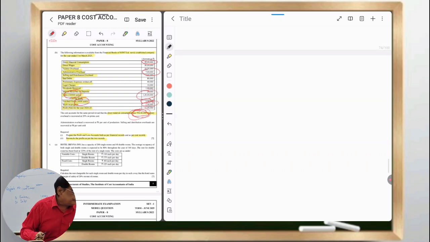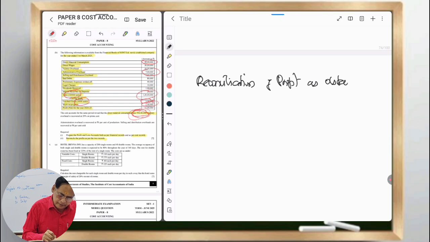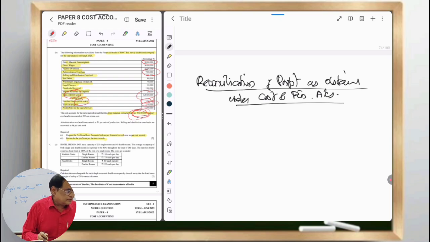So reconciliation of profit as obtained under both cost and financial records or accounts. We will take as a base the profit as per cost records.